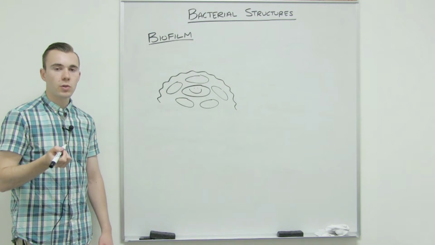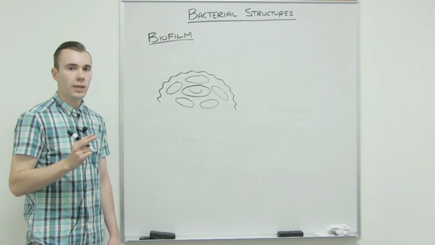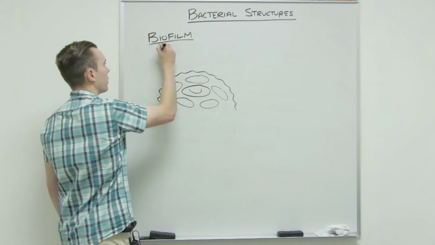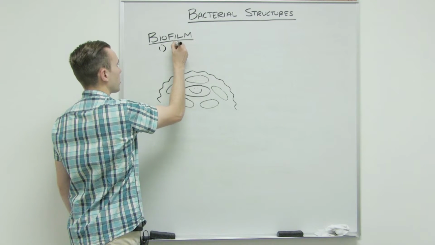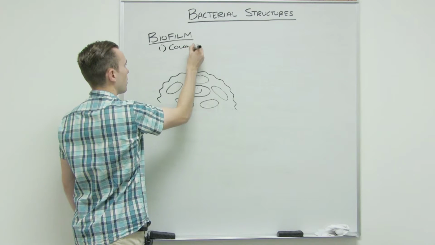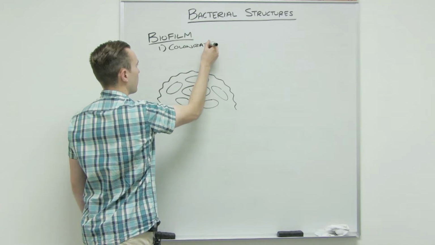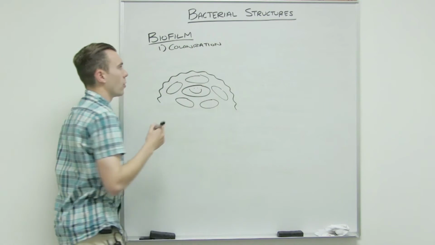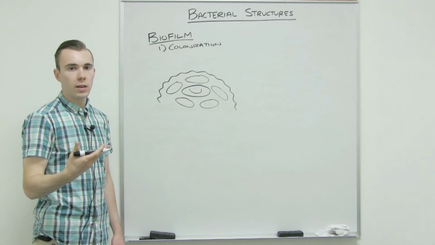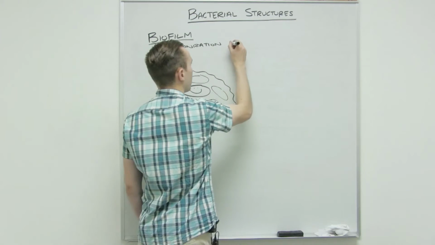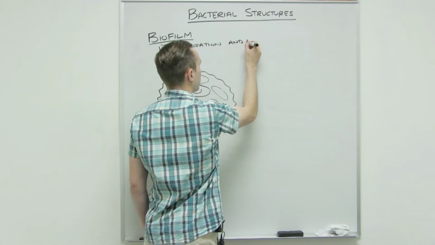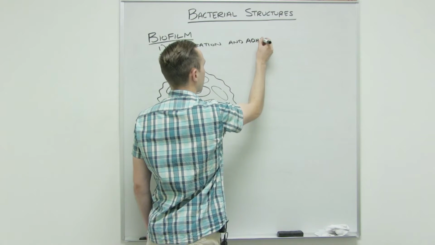And so the biofilm is going to give two things to the bacterium. The first thing is that it allows colonization, or in other words, they're going to be able to stay alive and continue to grow, and adherence, or in other words, the ability to attach.